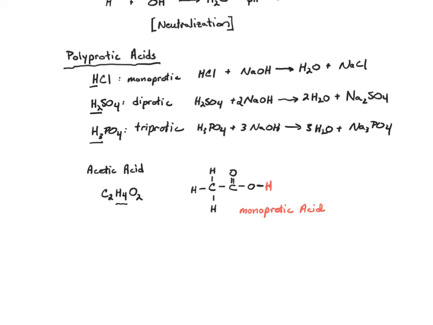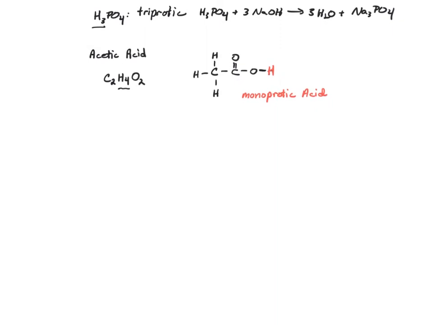Now, the last topic that we need to address in this chapter is the concept of what we call buffer solutions or buffer systems. Buffer systems are interesting and very important parts of nature.